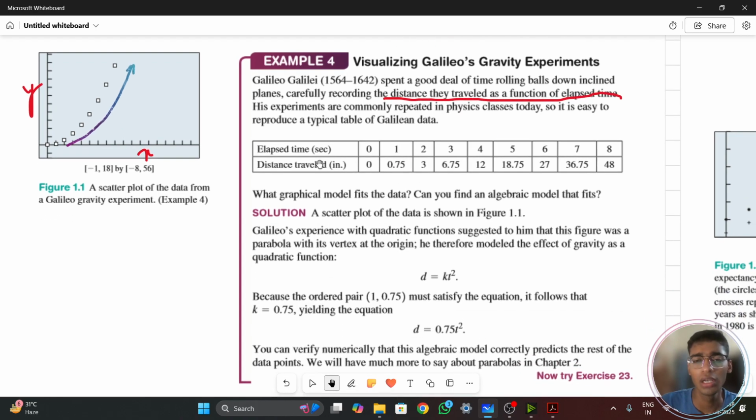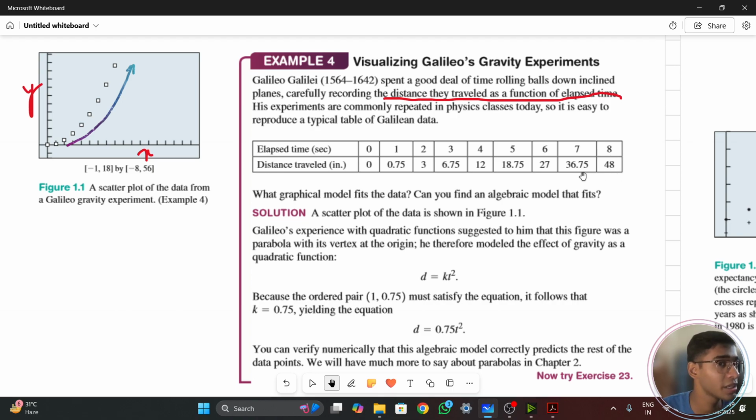At 0 seconds, the distance is 0. At 3 seconds, it's 6.75. At 5 seconds, it's 18.75 units. And at 8 seconds, it's 48, which means that this ball is accelerating. That is why the distance it is covering is increasing exponentially.